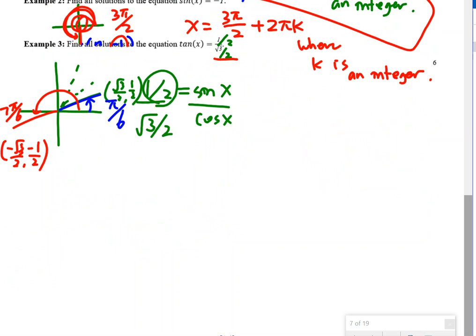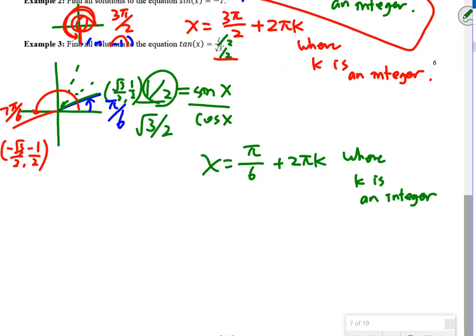But then I can show you how to combine this again. For the first answer, I'm getting pi over 6 from blue plus 2 pi k, where k is an integer.